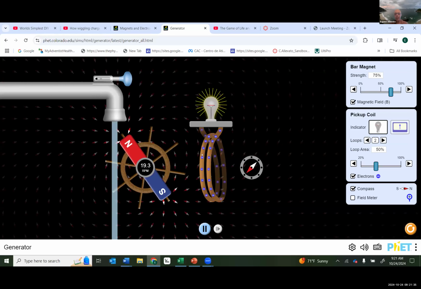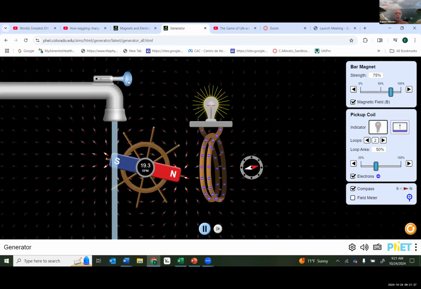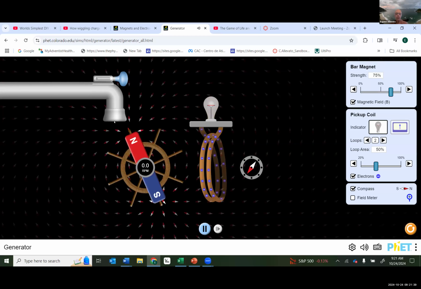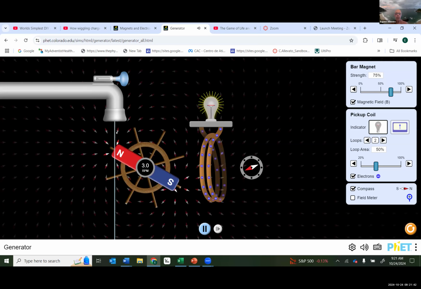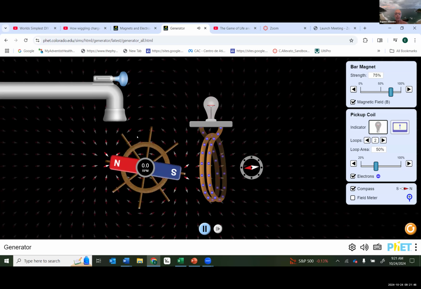So what would happen if I closed this valve here and just let the magnet sit there, but this is still a wheel that can rotate. What I do instead is replace this lamp with a battery. Now I'm going to have moving charge going around.